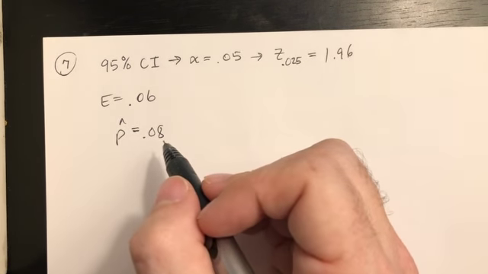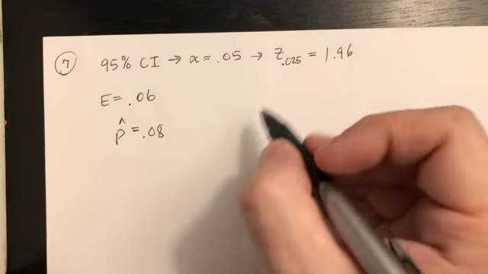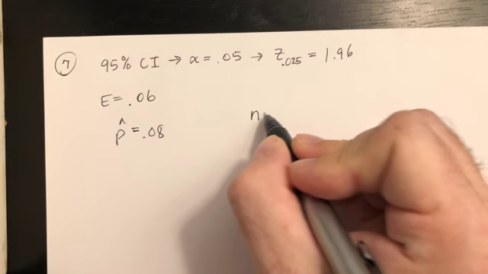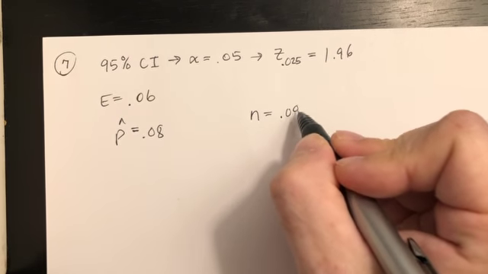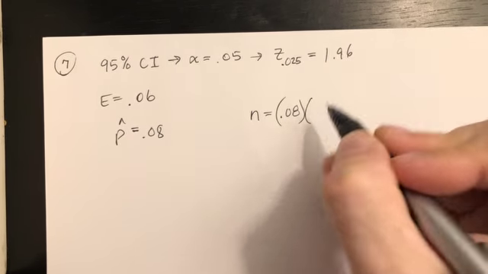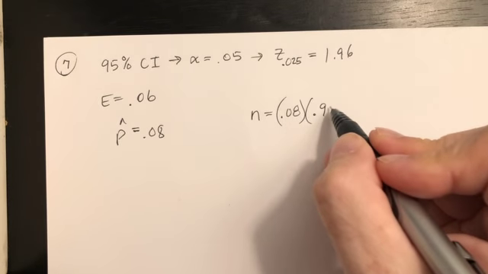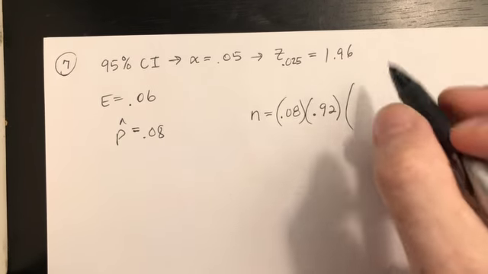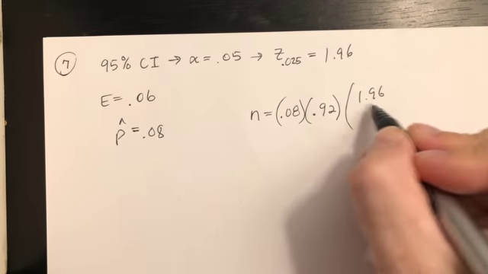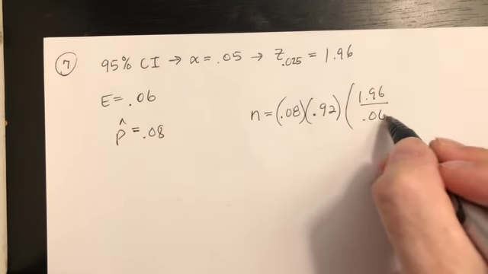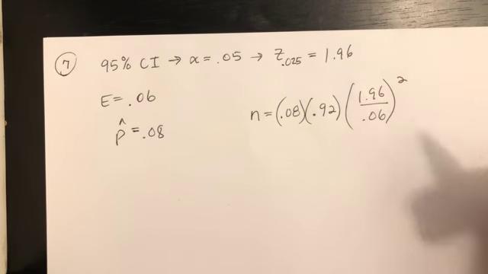So in this case, we're not using 0.5. They gave us one. So our sample size is going to be 0.08 times 1 minus that, which is 0.92, and then times 1.96, the z-score, over 0.06, the error, squared.